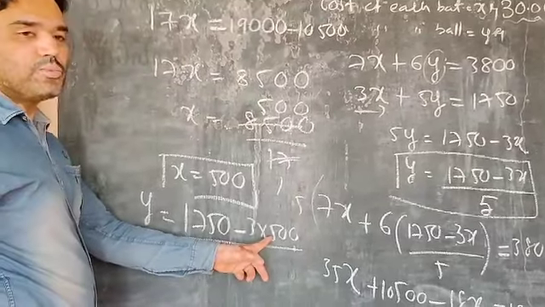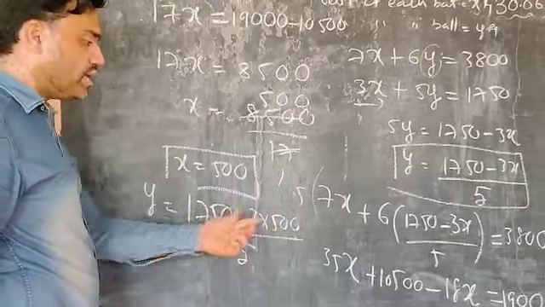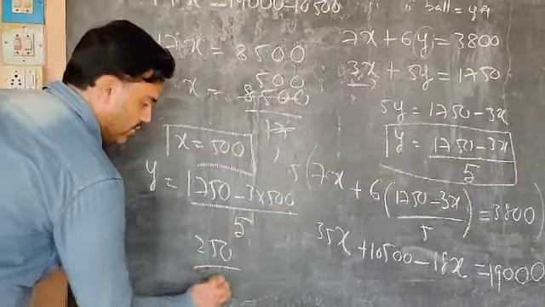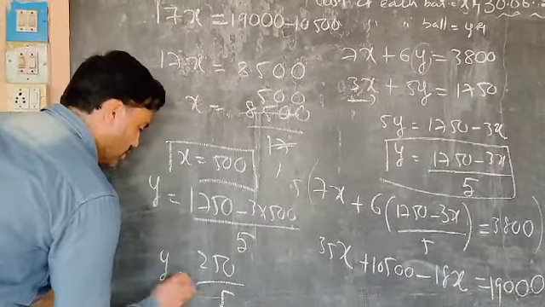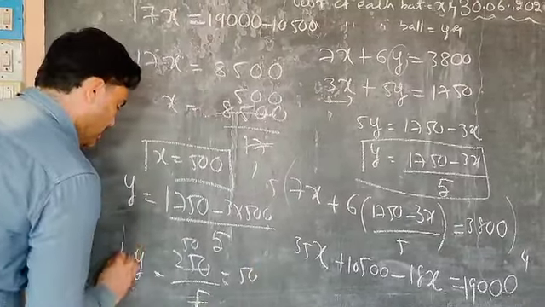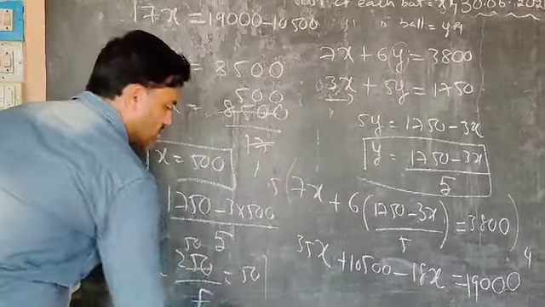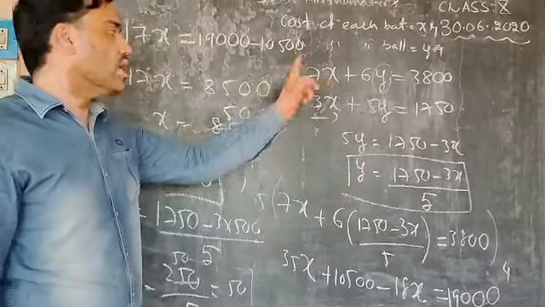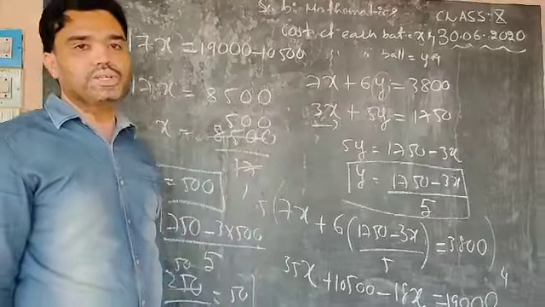See, 3 into 5 is how much? 15. 1750 minus 1500 means 250. 250 divided by 5, so you can understand 50 times it goes. Therefore the y value we got is 50. It means the cost of each ball is 50 rupees, and the cost of each bat is 500 rupees.